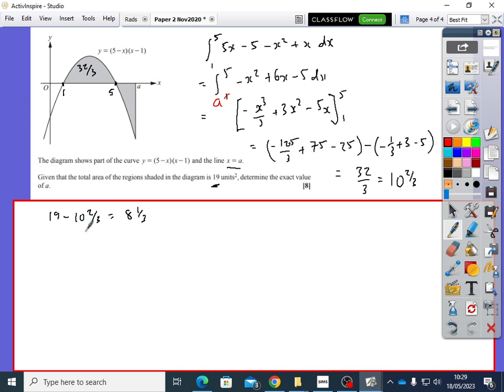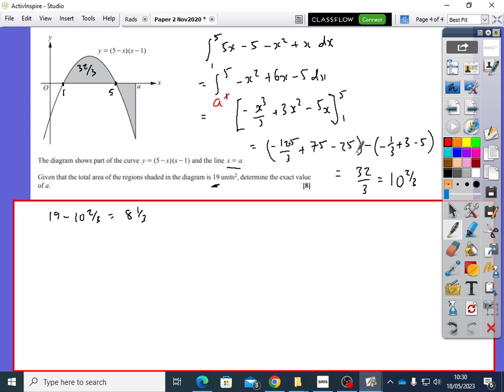So what did I get here? Here I'm going to just plug that straight in. So I get minus 125 over, that's going to be plus 50.